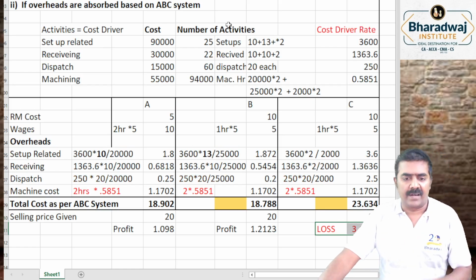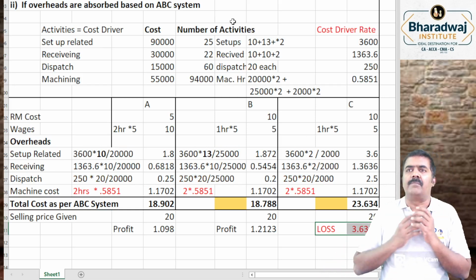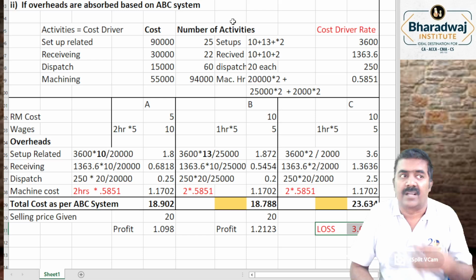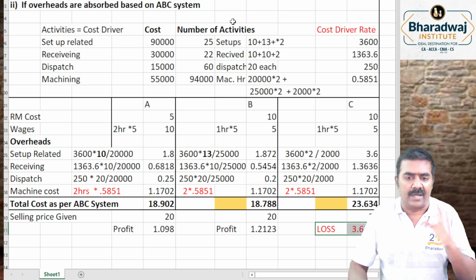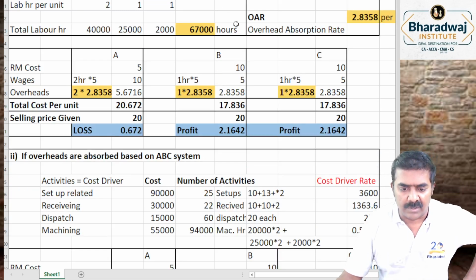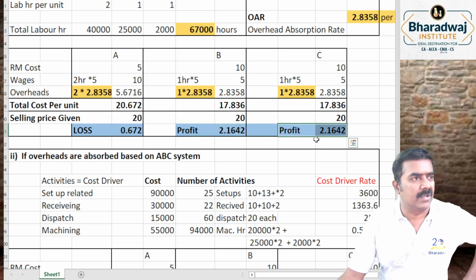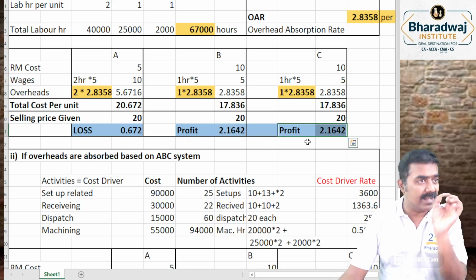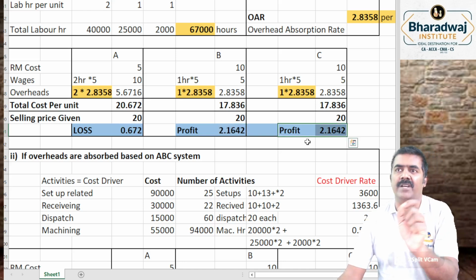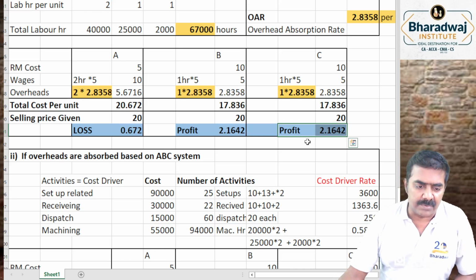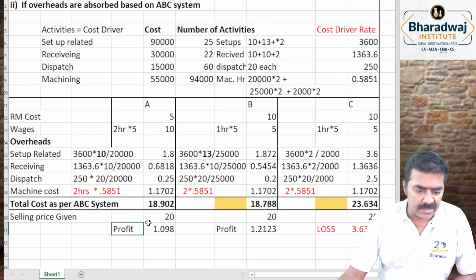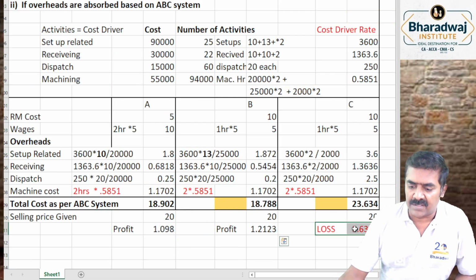Now let us compare. If our company would have followed the traditional method, we would have come to a wrong conclusion. A is in loss, B is in very good profit, C is also in very good profit. Necessarily we come to a conclusion. But really, based on the activity performed, A is in profit, B is also in profit, but what is in real loss?